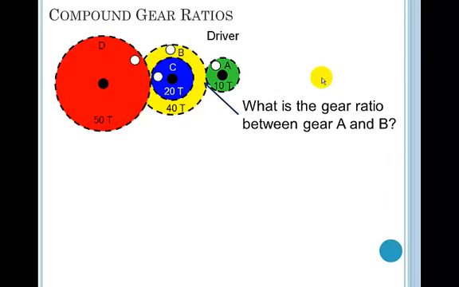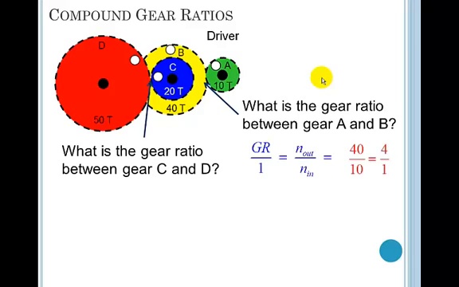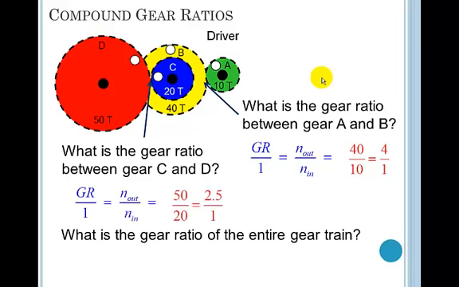So how are we going to do the gear ratio? The gear ratio between A and B is going to be 40 divided by 10, which is 4. The gear ratio between C and D, where D is the output and C is the input, is going to be 2.5, 50 divided by 20.